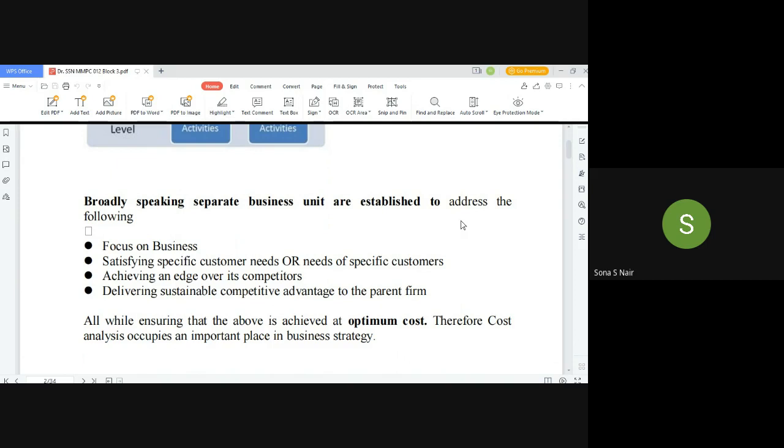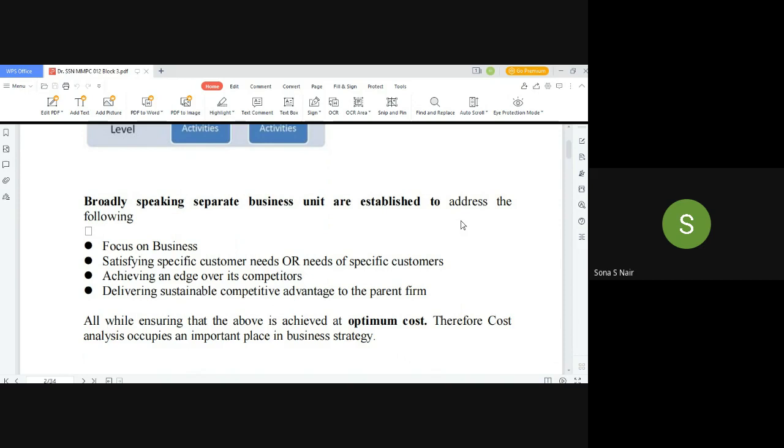So if it's a product, it is specific product needs, and if it's a customer departmentation, it is specific customers. The organization wants to achieve an edge over its competitors. It's common sense. And also achieve sustainable competitive advantage. Okay, at optimum cost. So when they want to focus on a particular business, a particular product, a particular area, they would set up a strategic business unit.